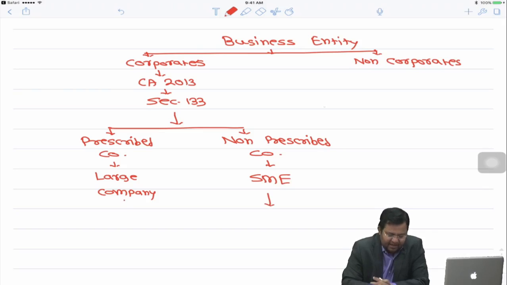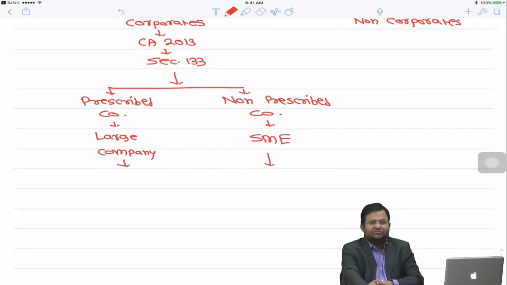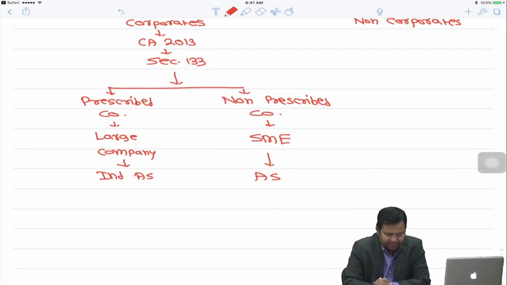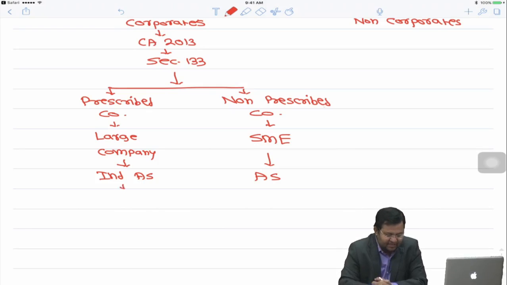The Government of India has created two sets of accounting standards, which are called AS here and Ind AS here. For large companies, the Government of India has prescribed Ind AS. These are basically compatible with IFRS, which are made mandatory to certain business entities.